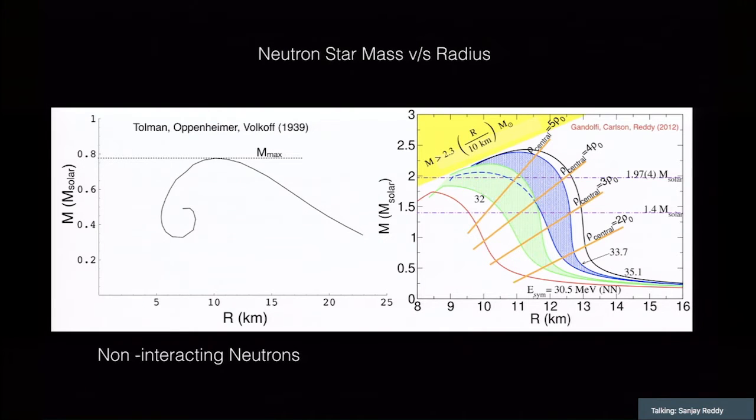So when you go from the red curve to the green curve, you have more repulsive interactions and hence more pressure that allows you to support more massive neutron stars, as shown by the green curve, which now intersects the 2 solar mass line. If you increase the 3 neutron interaction to even larger values, then you can get larger maximum masses, but it also increases the radius of the neutron star. So you can think about moving from the red curve to the black curve by just increasing the strength of repulsive interactions in dense matter.